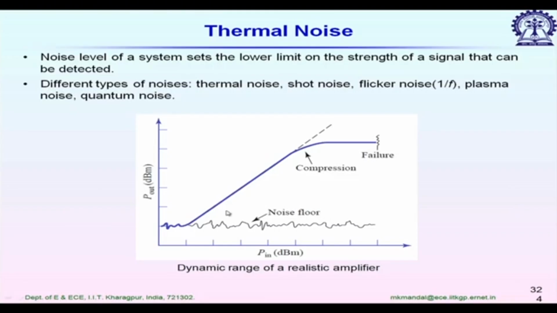So if I plot P out versus P in, for the first part it will be a straight line, and then it will deviate from the straight line. If you look at this graph, the first part looks like a straight line. Here we are showing P out in dBm versus P in, again in dBm.